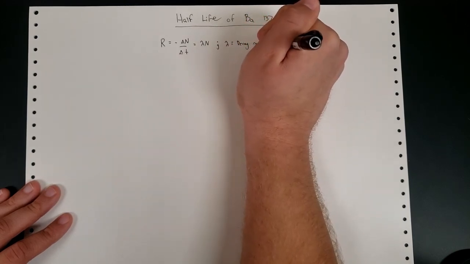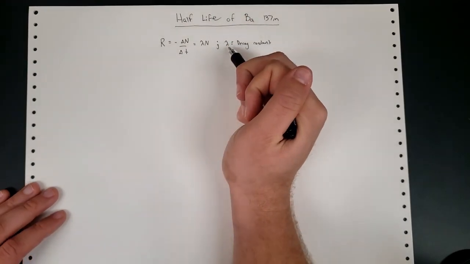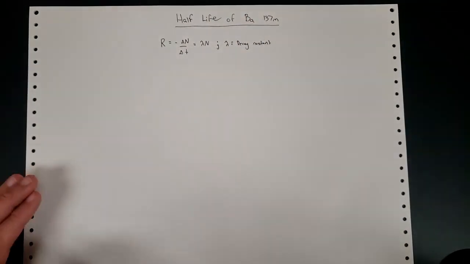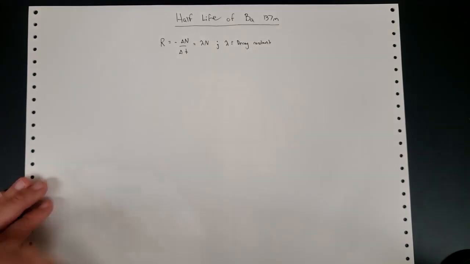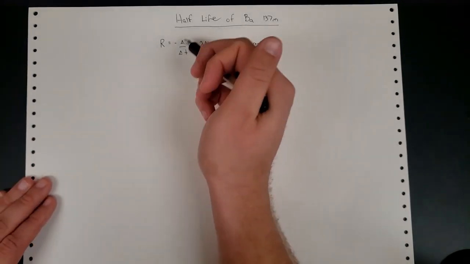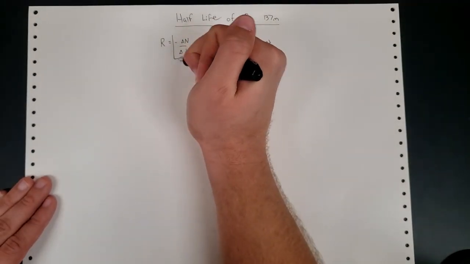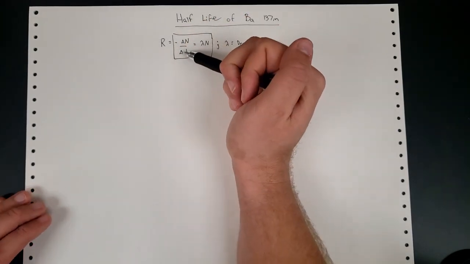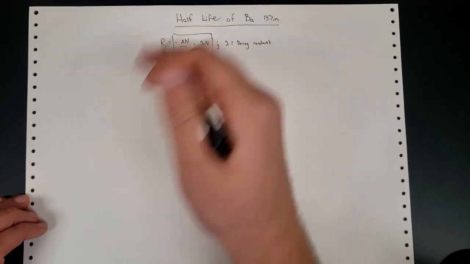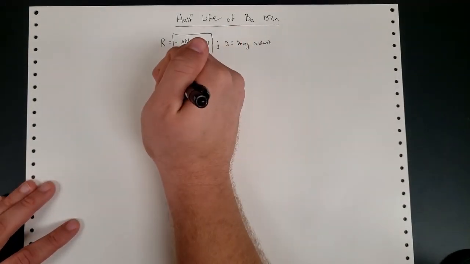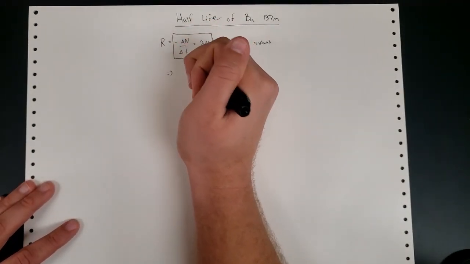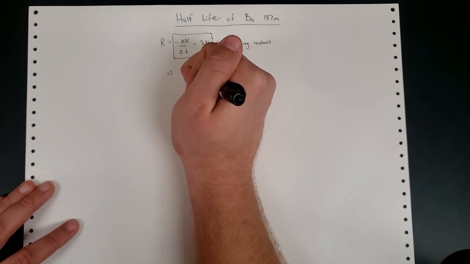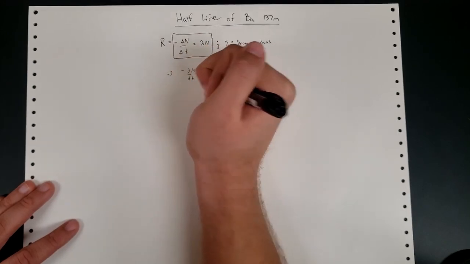And as I just said, this isn't constant every second, right? And we'll see what precisely this means in a second. If we write this part in terms of an infinitesimally small time, delta t, so instead of delta N over delta t, we have dN over dt.